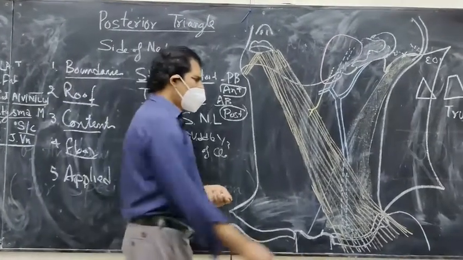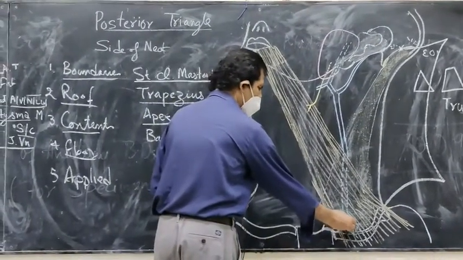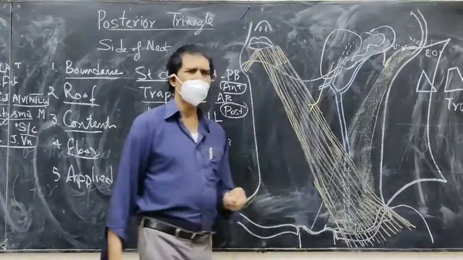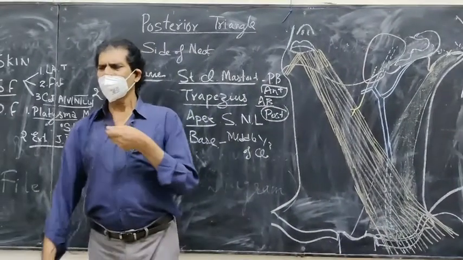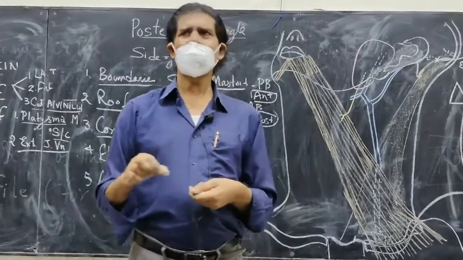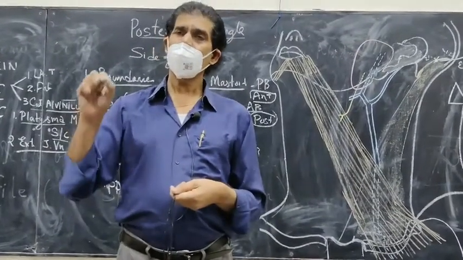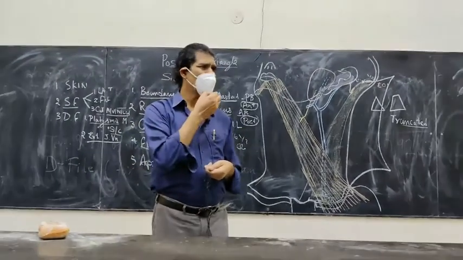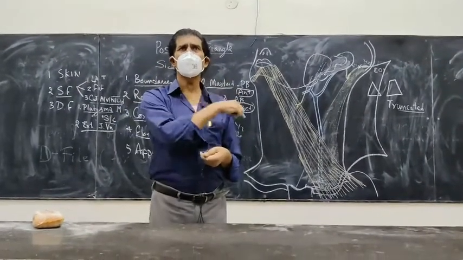Now a very peculiar thing happens here at its termination. The subclavian vein is a deep vein; it lies below the deep fascia. So the external jugular vein has to pierce the deep fascia to terminate into the subclavian vein.